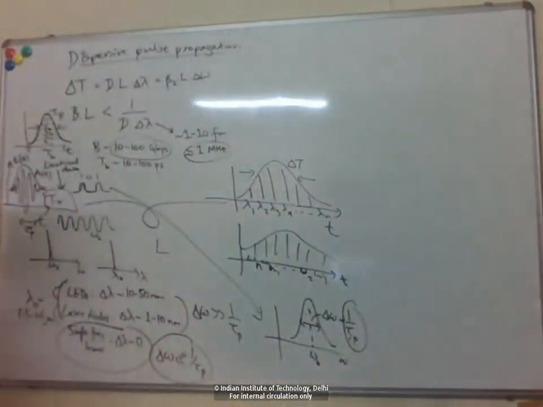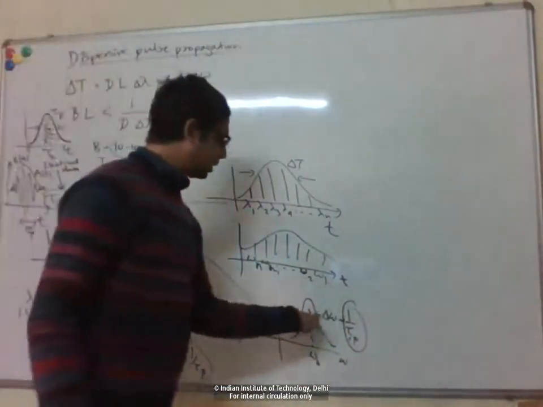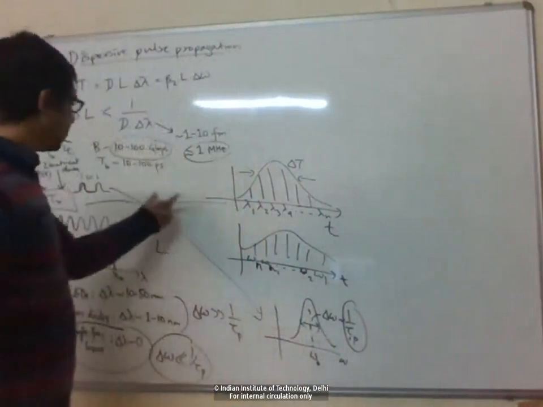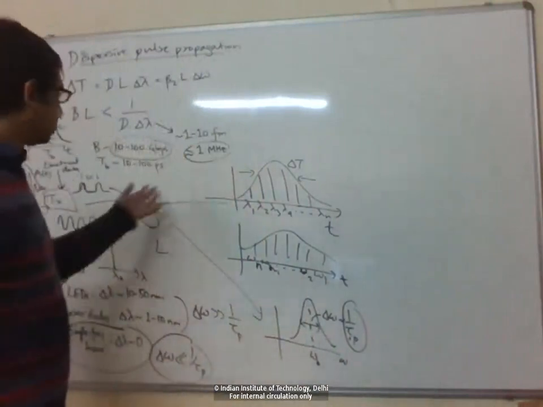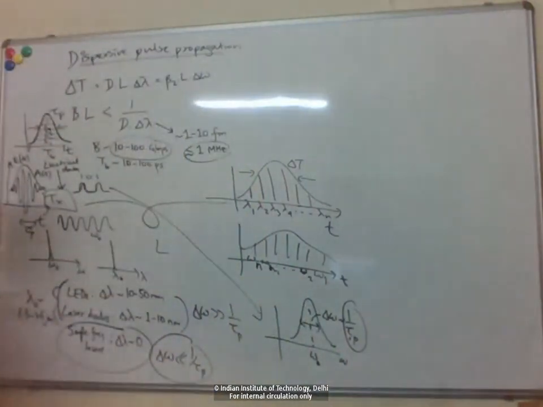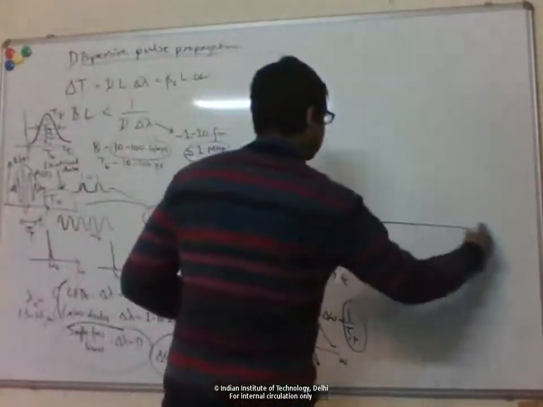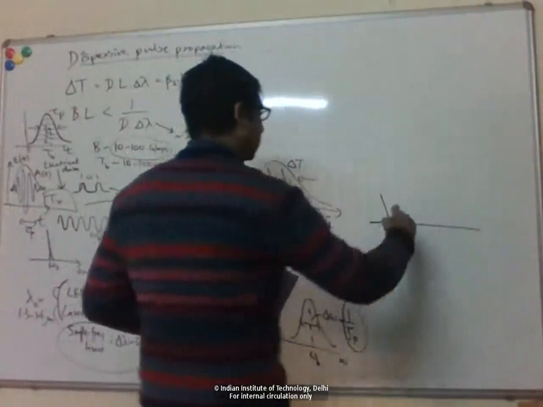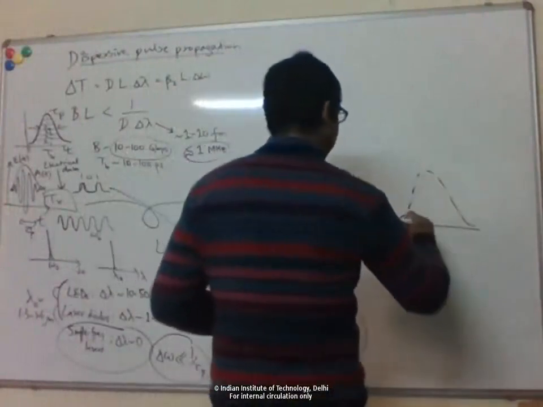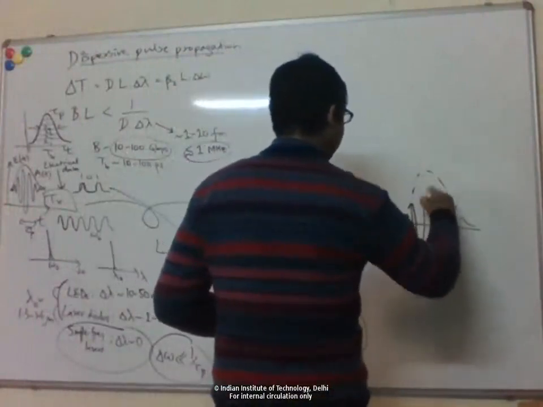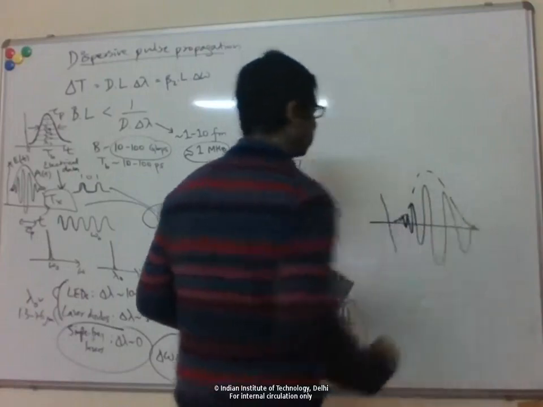Effectively, this bandwidth will see the dispersive effect, and a similar thing will happen here. But since we don't have different frequencies, we have only one carrier here. So after propagation, the pulse will look like this: the carrier frequency will have an instantaneous frequency which has changed.